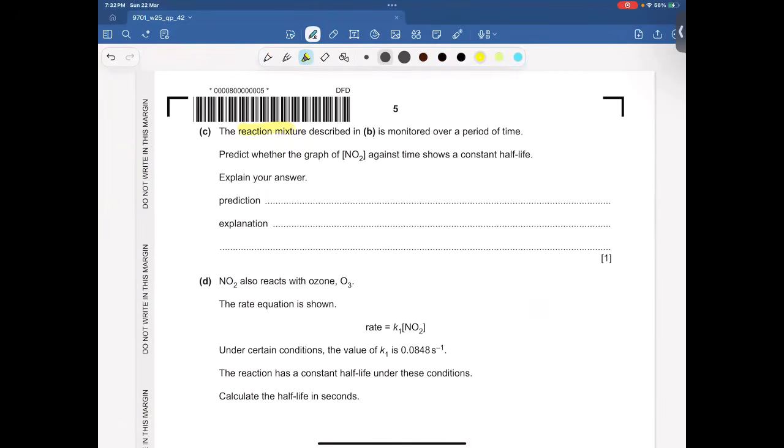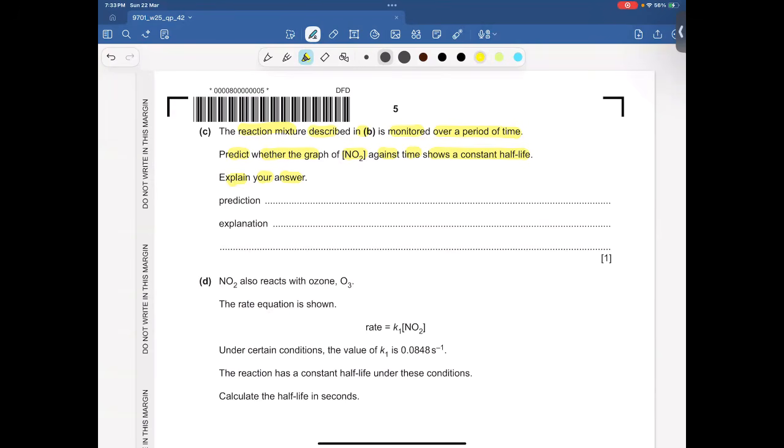The reaction mixture described in B is monitored over a period of time. Predict whether the graph of concentration of NO2 against time shows a constant half-life. Explain your answer. In the previous years, when we use order with respect to a specific reactant, if it belongs to first order, we normally say that we have a constant half-life.